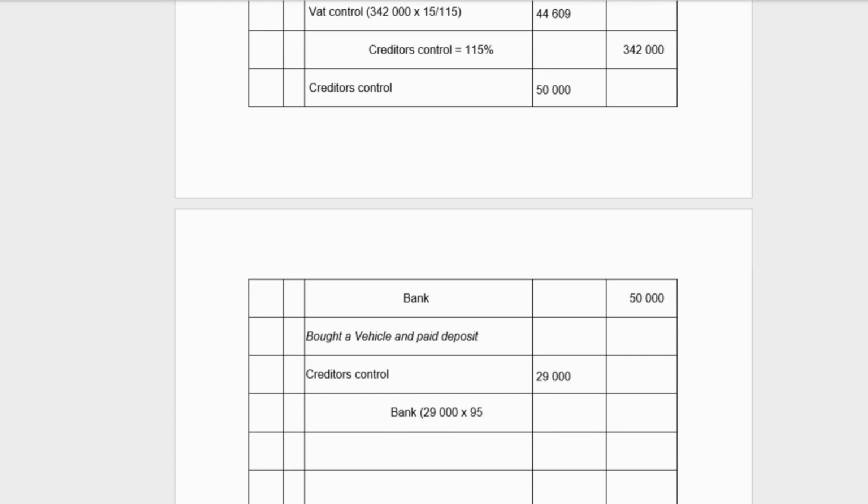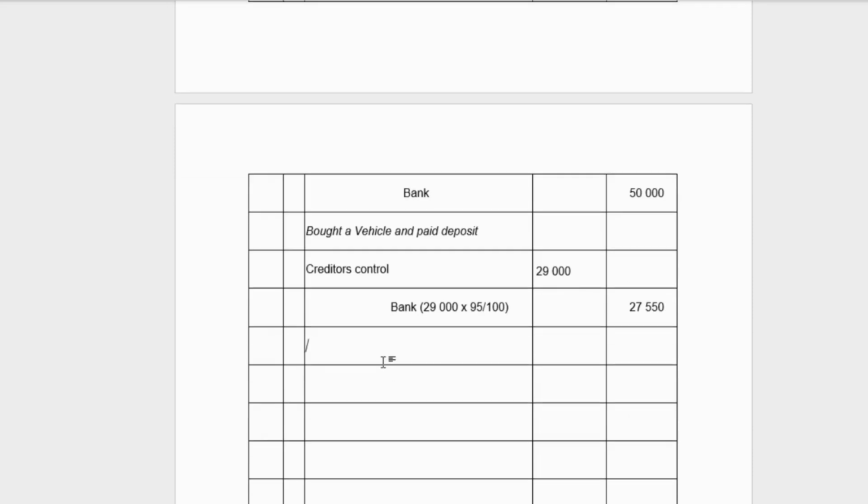We're going to pay 95 because there's a minus of 5% settlement discount. So we're going to say 95. We divide by 100, right? So how much there? As I put this on my calculator, I am getting that I have made a payment of 27,550.